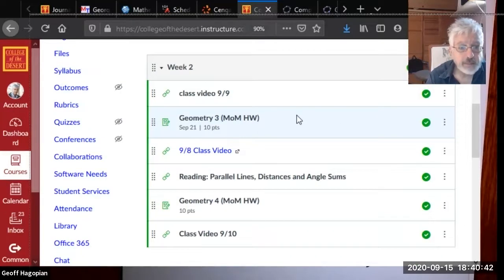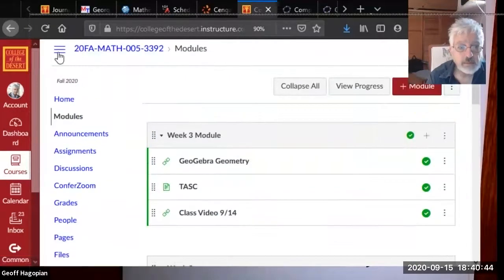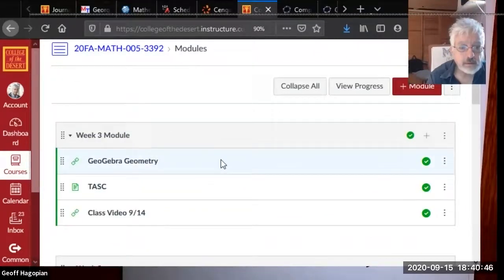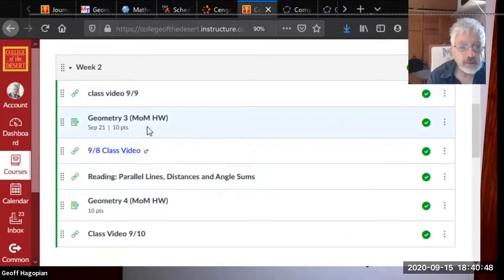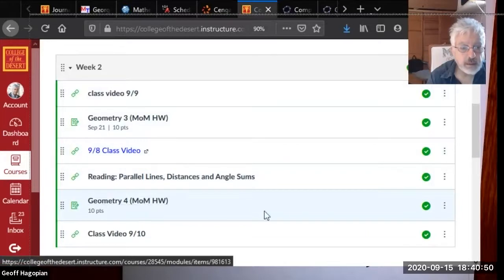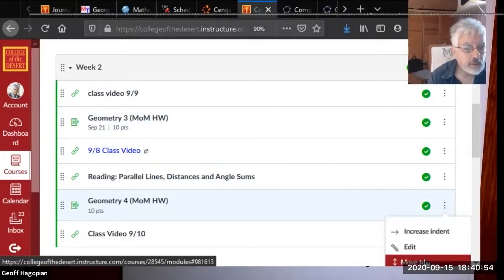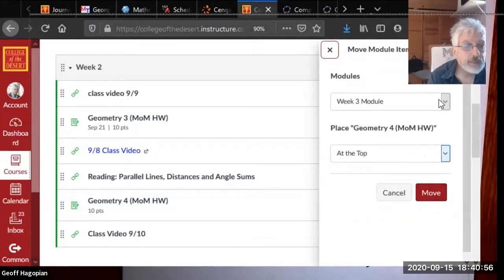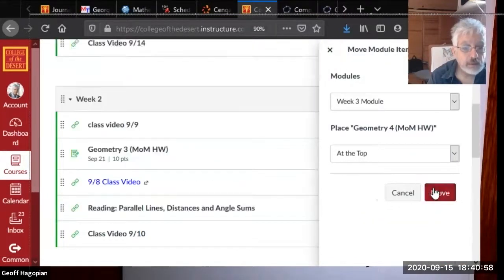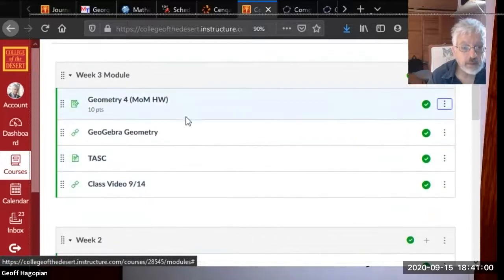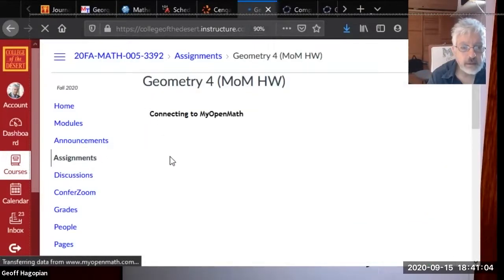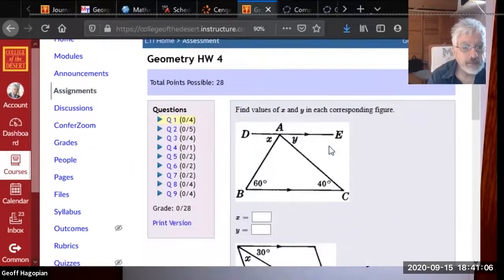And let's see if I collapse this. So I think I posted that Geometry 4 last week, right? So I move this up to this week. Let's move to week 3 module. Okay, so now it's available up here. Because we haven't really worked these yet, have we? I don't know. I don't think so.